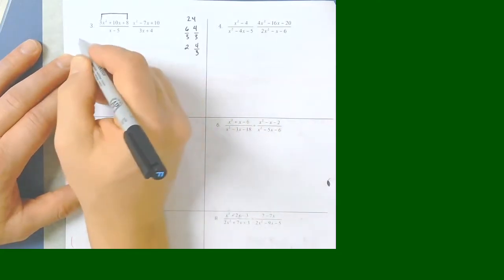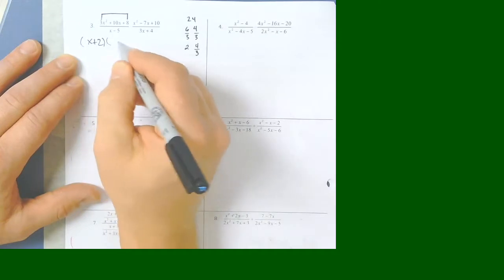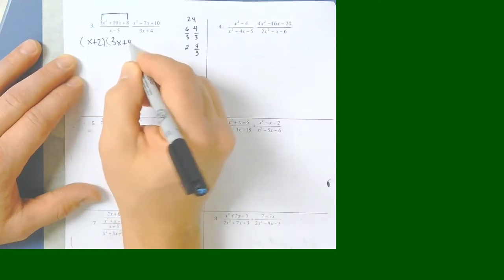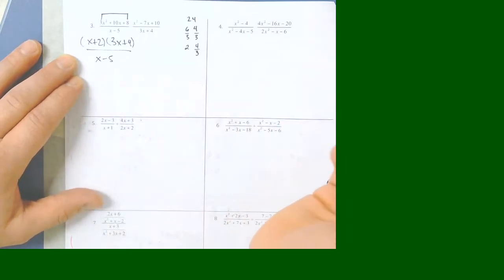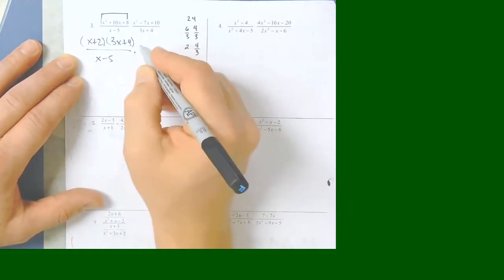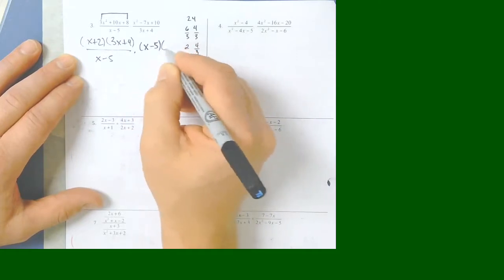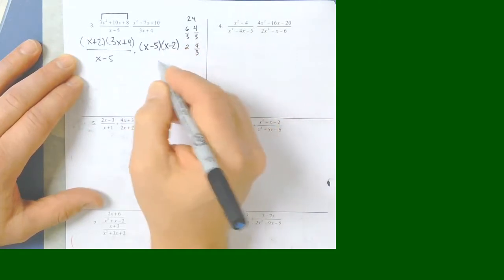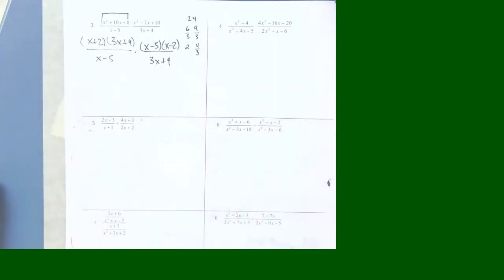So that means I'm going to factor to x plus 2 and 3x plus 4 over x minus 5, times x minus 5, x minus 2, all over 3x plus 4.